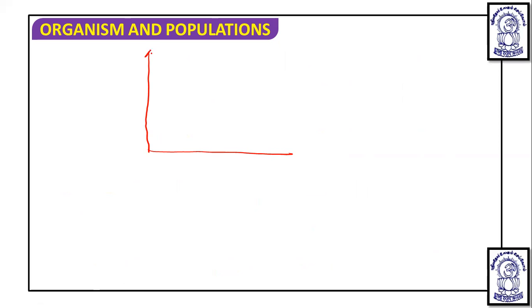So if we draw its curve with respect to time t and population density N, what will happen is that the exponential growth will occur, the 1 will divide into 2, and this way the population density will increase.